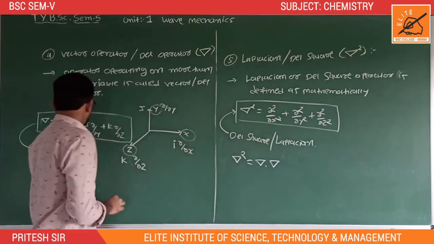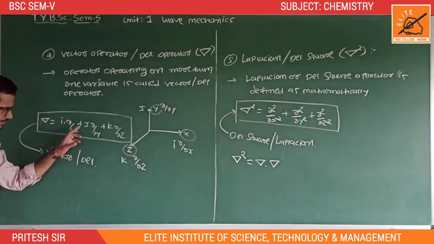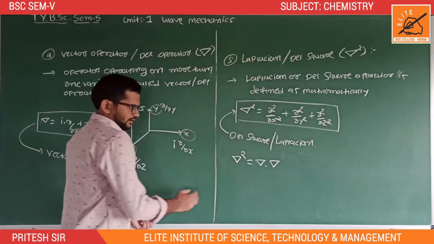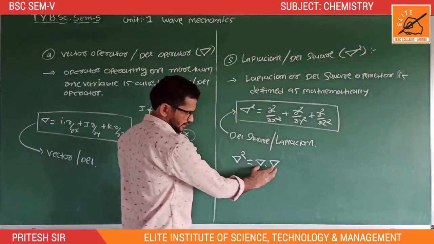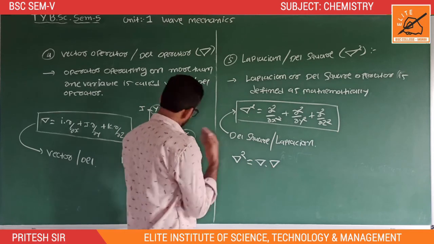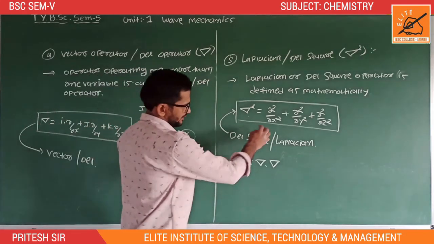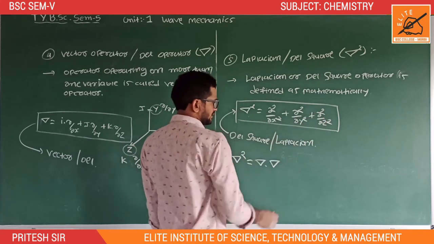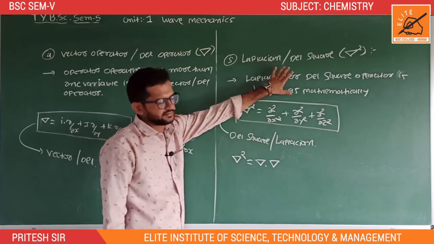So put the value of del, that is i del by del x plus j del by del y plus k del by del z, multiplied by the same. These two operators are multiplied, so put the value of this operator two times and you get the final result: del square upon del x square, del square upon del y square and del square upon del z square. Okay, so this is operator number 5, the Laplacian or del square operator.